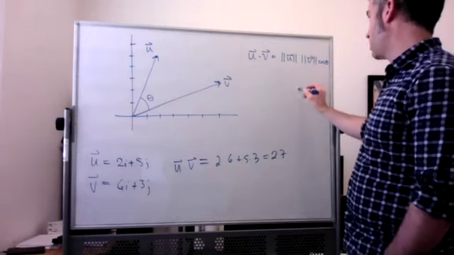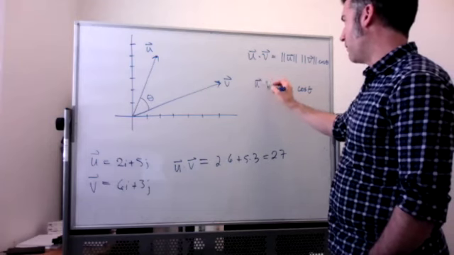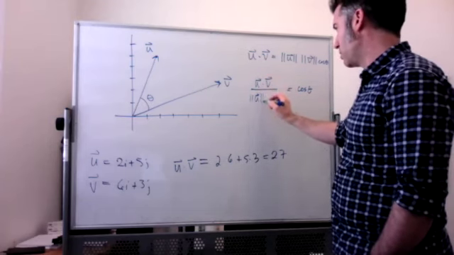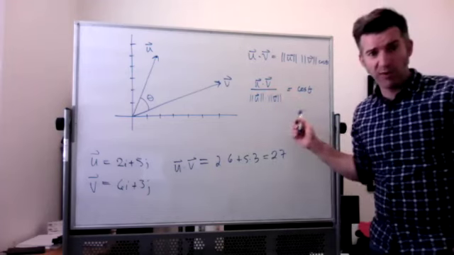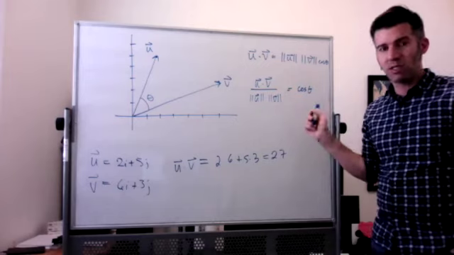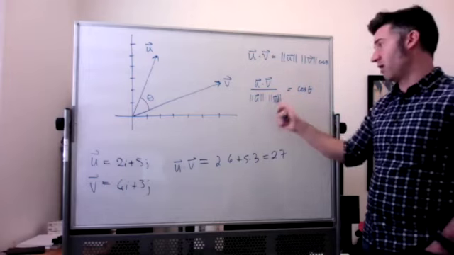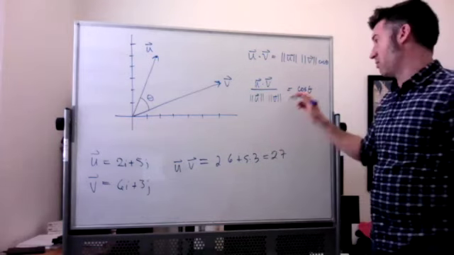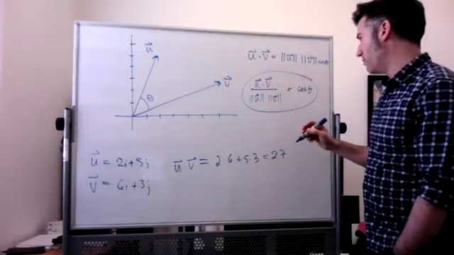So cosine of theta is equal to u dot v divided by the magnitude of u times the magnitude of v. This is the way I prefer to remember this formula. Most books will solve for theta and write it as theta equals the inverse cosine of u dot v over the magnitude of u times the magnitude of v. I don't think you need to do that.